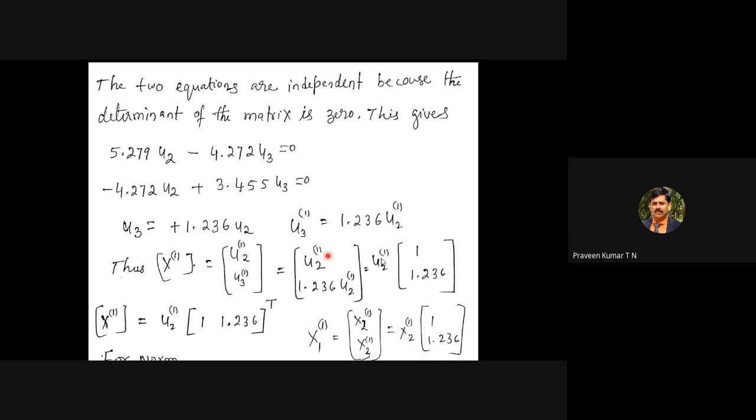That is the meaning, because we don't try to find out U2 and U3 values. In the dynamic analysis, you are writing x2 of 1 and x3 of 1 is equal to x2 of 1.236. When node 2 is moved by 1 unit distance, node 3 is moved by 1.236. That is the relative movement between node 2 and node 3.